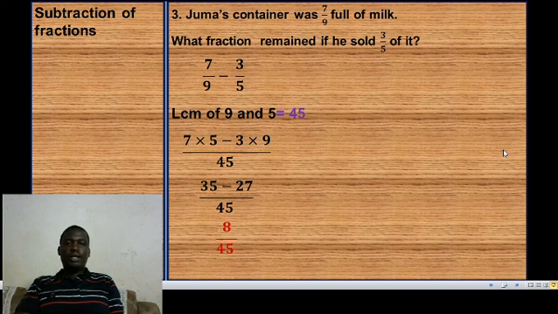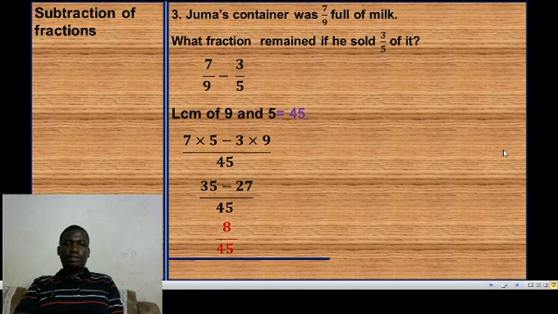We get 8 out of 45. Read through number 3 and make sure you are able to reach the final answer. So 35 minus 27, we get 8. So 8 out of 45 is our final answer. Follow through the work very well.